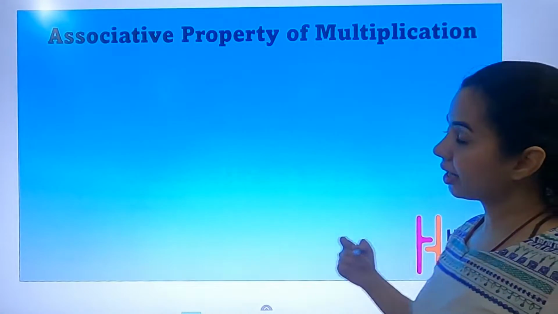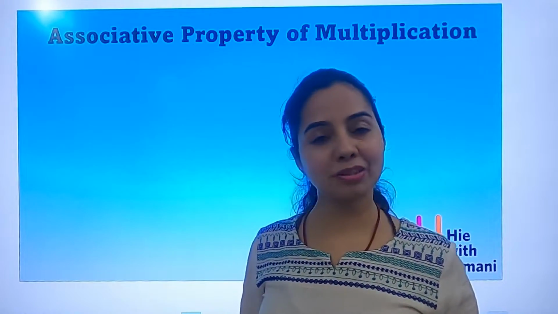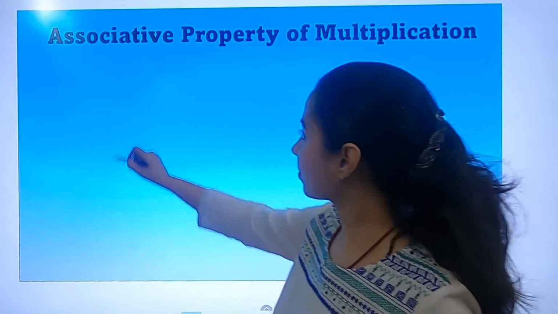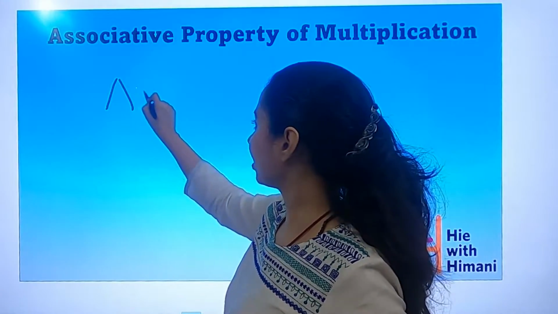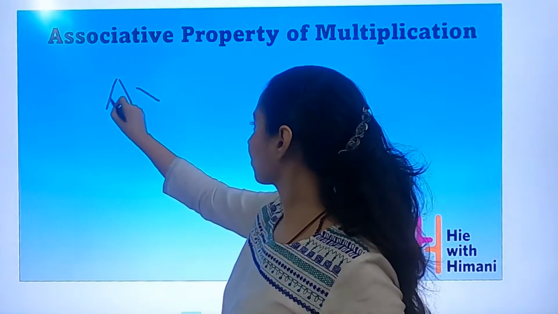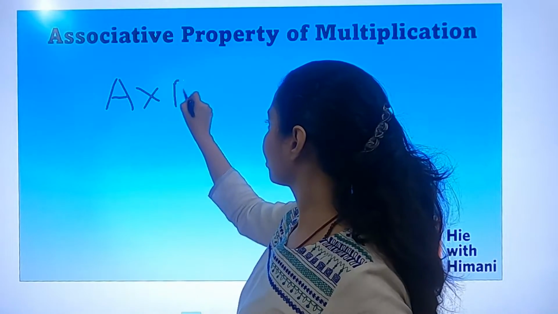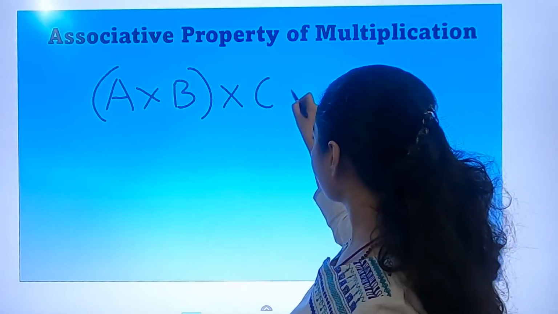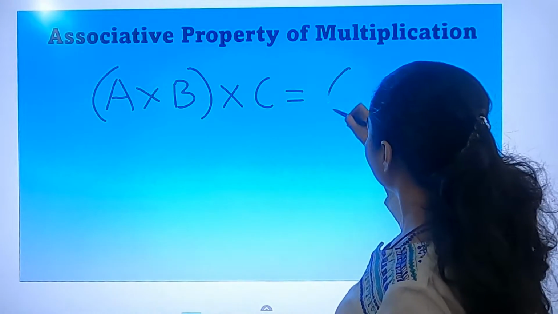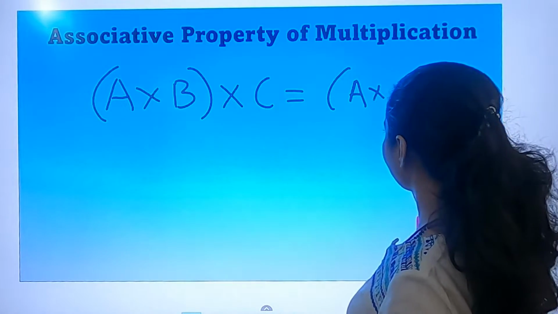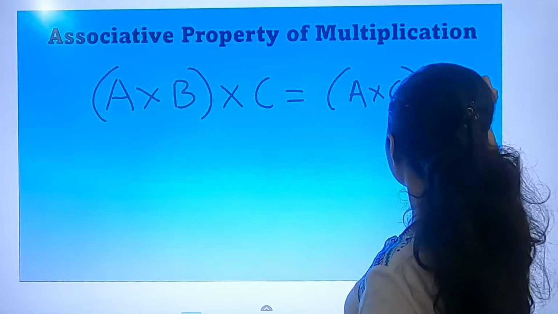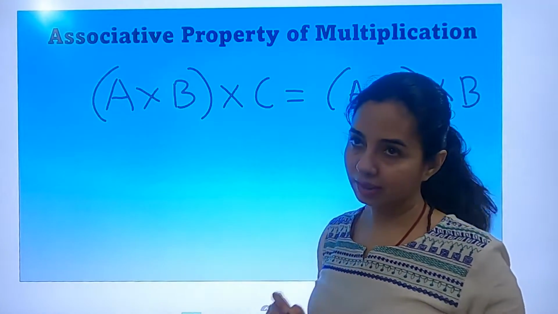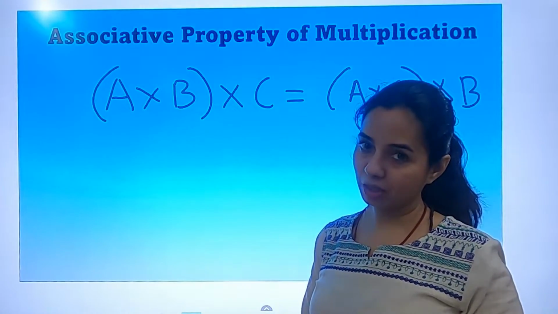Now another one is the associative property of multiplication. What does it say? If A is multiplied to B and then the entire product is multiplied to C, it will be equal to if A is multiplied to C and then the entire product is multiplied to B. It is the same.